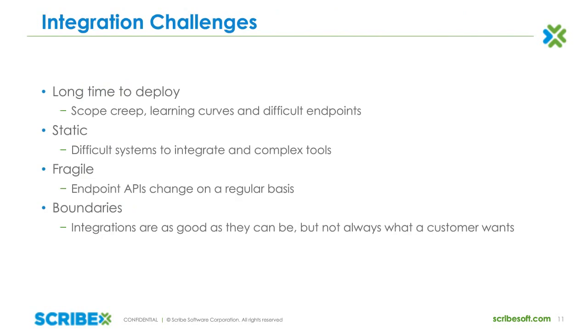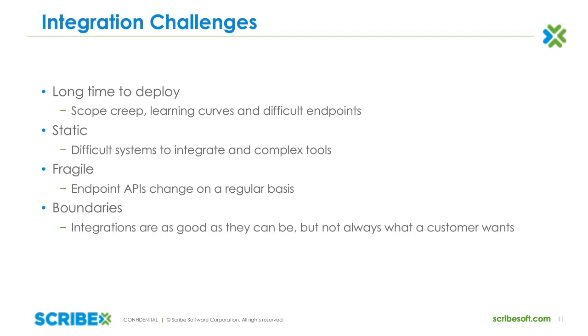Now, when you're thinking about an integration solution and how you should go about integration, there are a few challenges that people often run into. With integration, typically there's a long time to deploy. Whenever I've seen partners and customers start to think about an integration that they want, it sounds easy at that first conversation, but as time goes on, everything starts to creep.